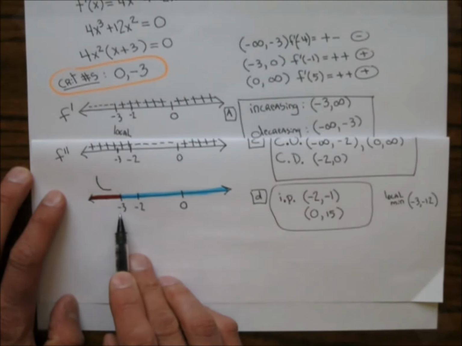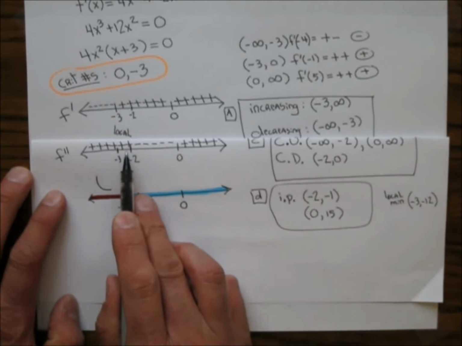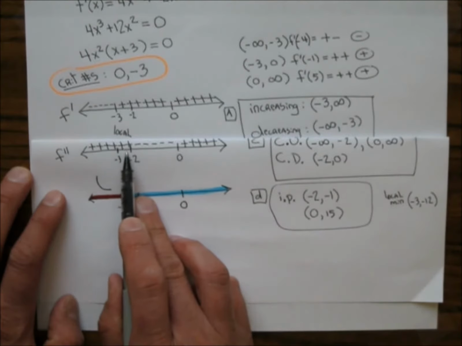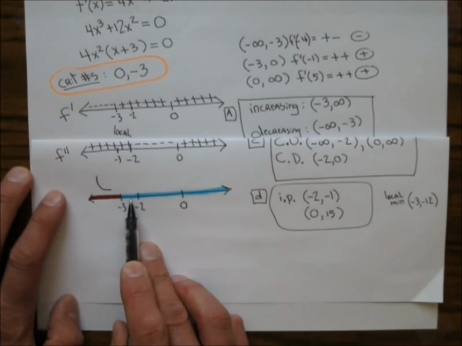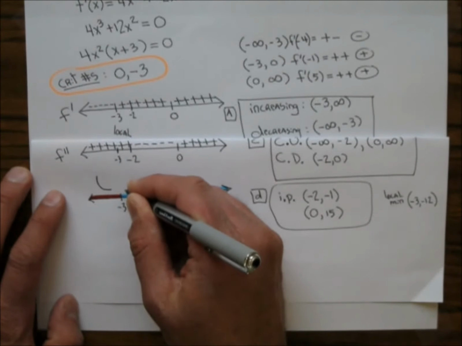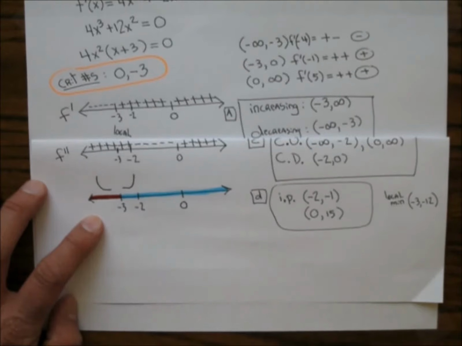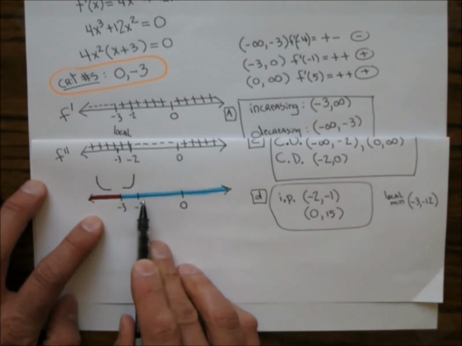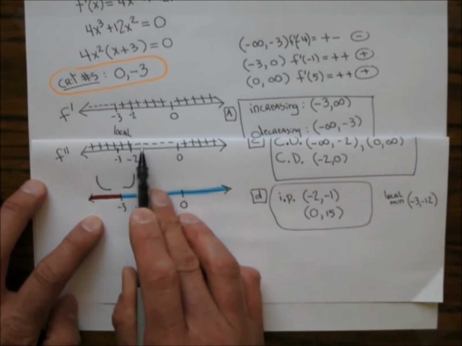Now between -3 and -2, it's still concave up, but now it's going up. So concave up going up looks like that. Now the rest of the graph is going to go up, so everything that I do will go up on these ones. This is going up and it's concave down.